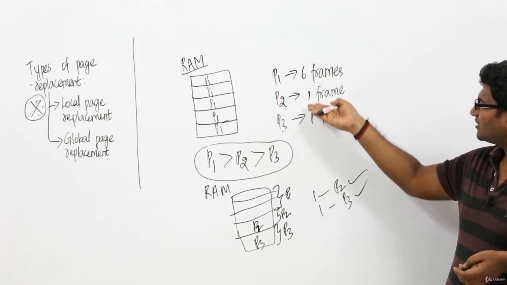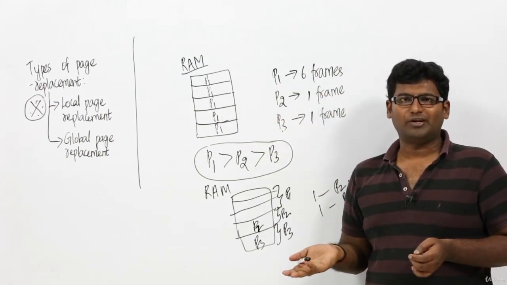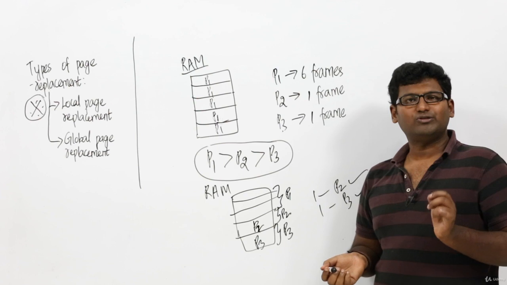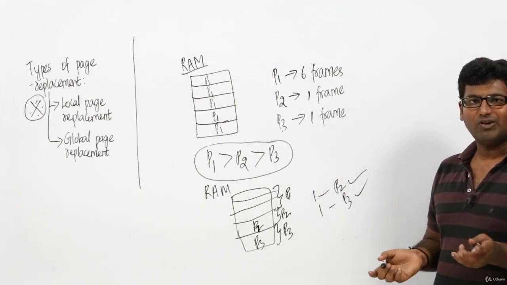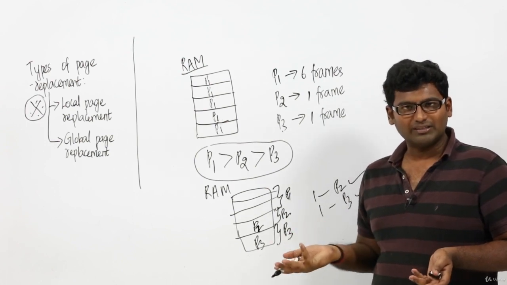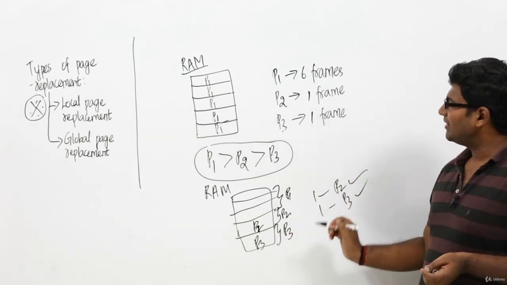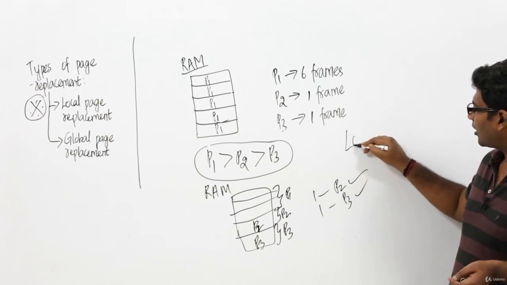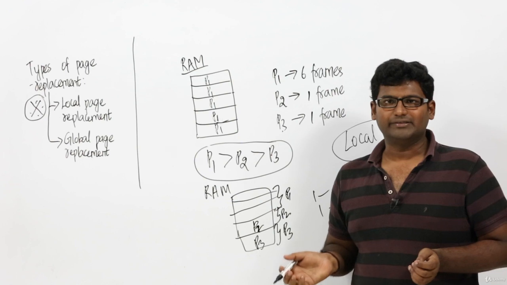Ultimately, no process is completing its execution over here, in case you are using global page replacement. But in case you are using local page replacement, though P1 cannot complete its execution, it is not disturbing other processes. Other processes can still continue their execution, right? So this is the reason we always go for the local page replacement algorithm. We don't use the global page replacement algorithm these days.